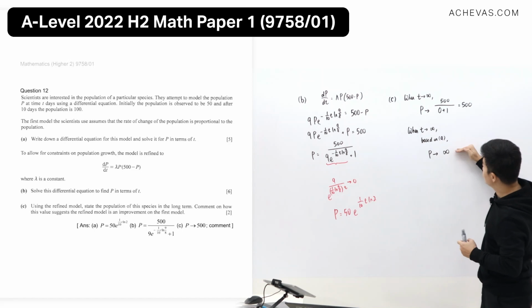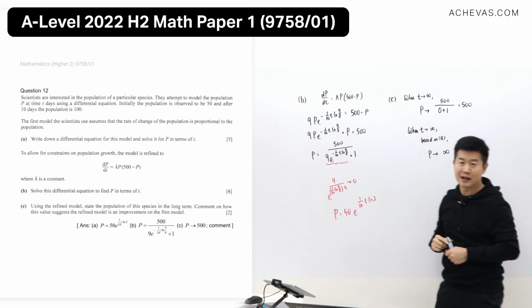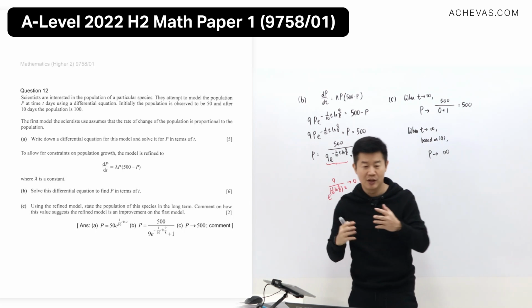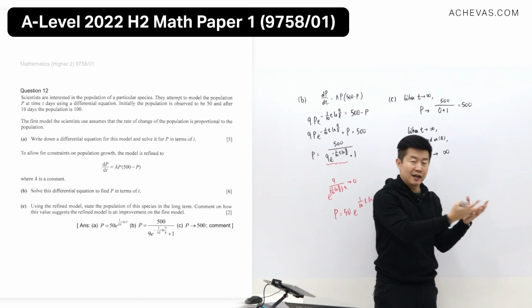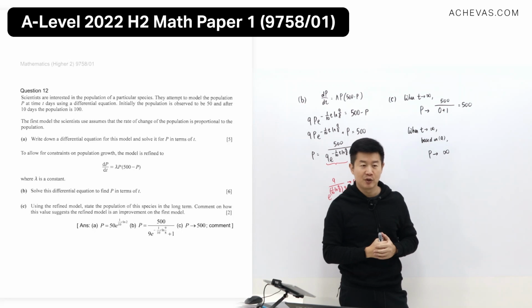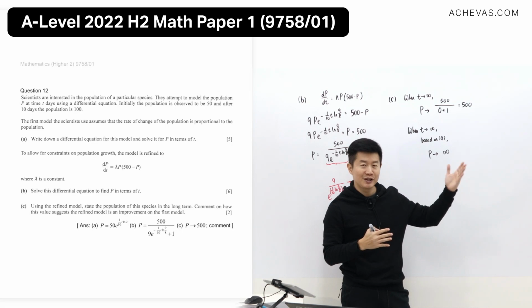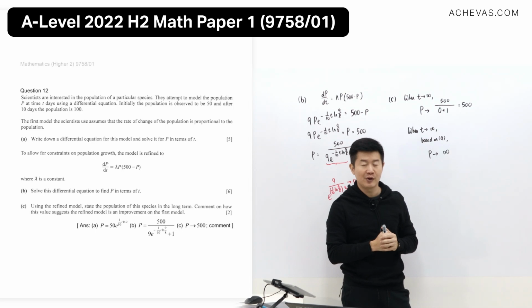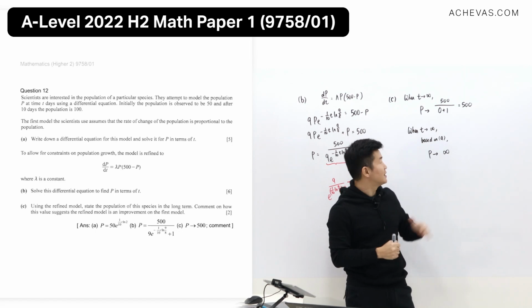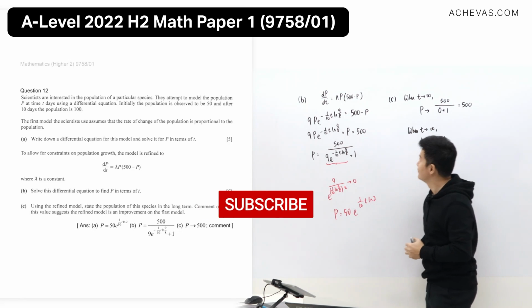So comparing this result with the refined model, this is definitely an improvement because according to the refined model, the population of the insect will stagnate to 500. But according to the original, the very first model, the population of the insect will just go on and on and on. It will just go to positive infinity, which is not very realistic. That is why, based on this, I would say that the refined model is an improvement.